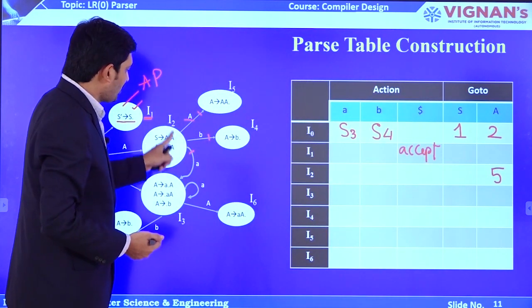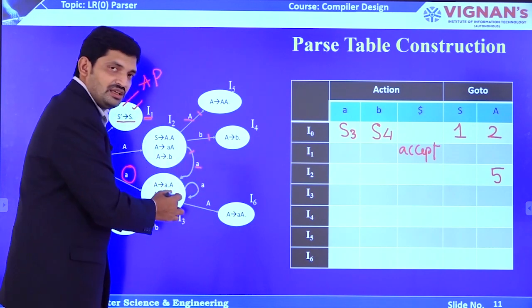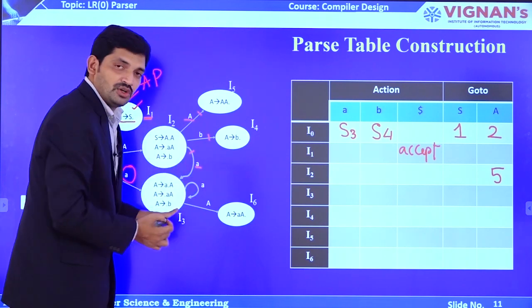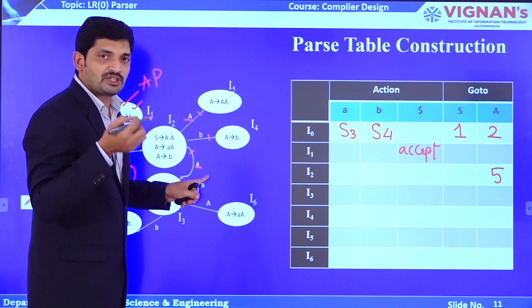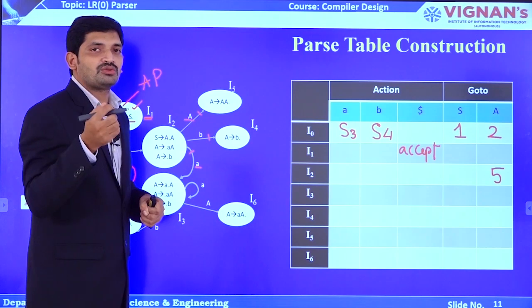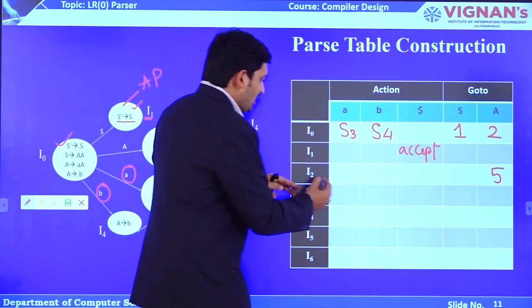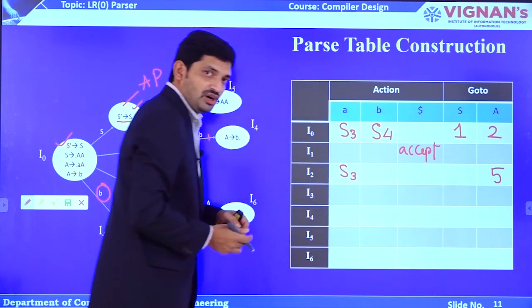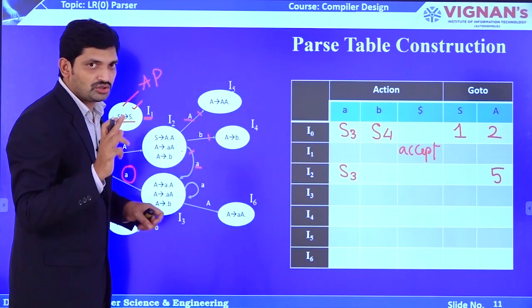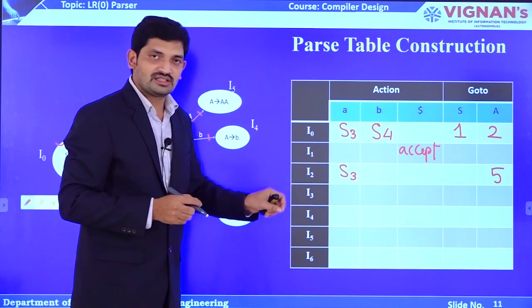Next, I2 on small a went to I3. As we already said, if there is a go-to operation depending upon a terminal, we have to write shift operations. So I2 on small a, I have to write S3, because it is a terminal, so shift operation, it went to the I3 state.